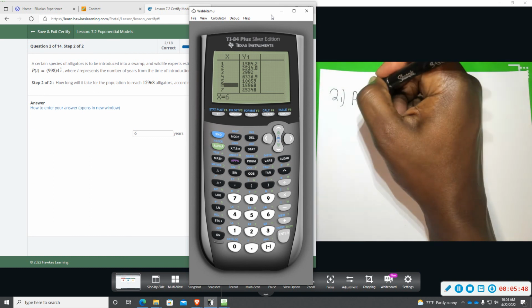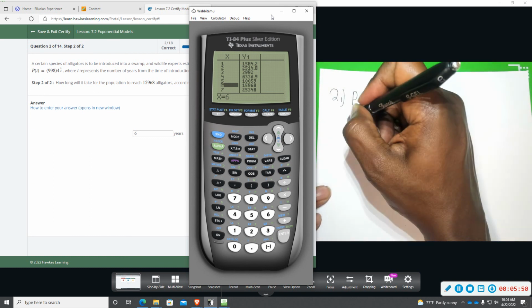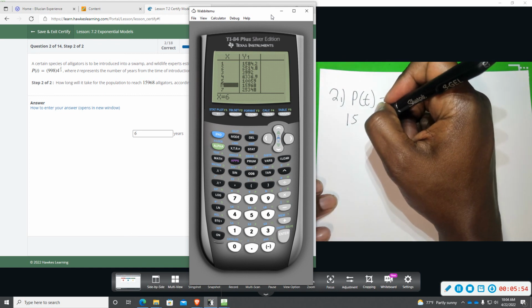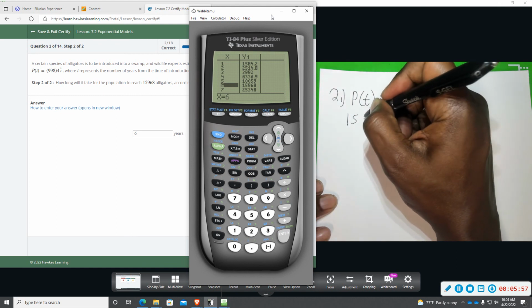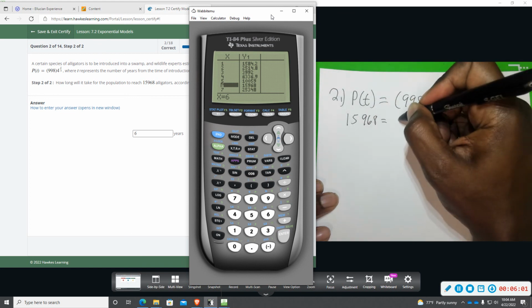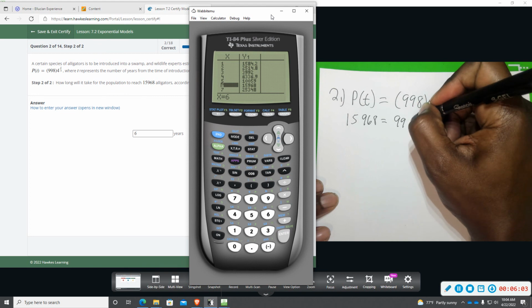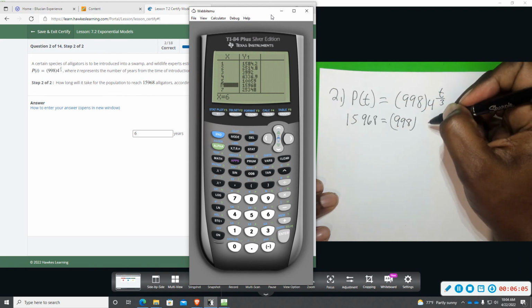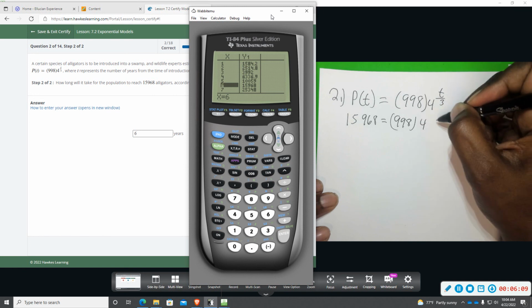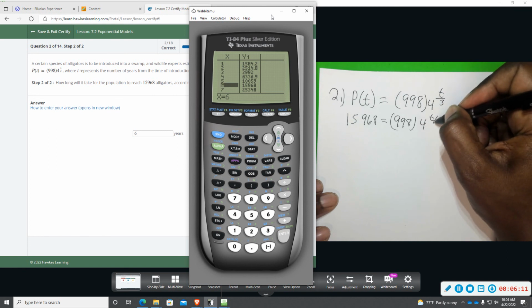Okay, so you're going to replace this with the final value, which is 15,968, equals 998 times 4 to the t divided by 3.